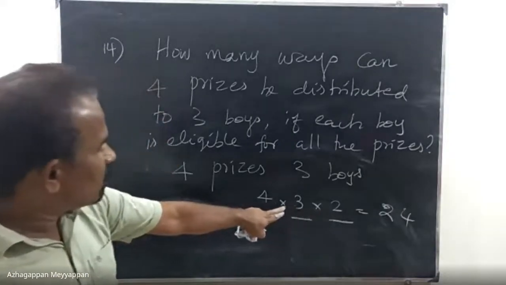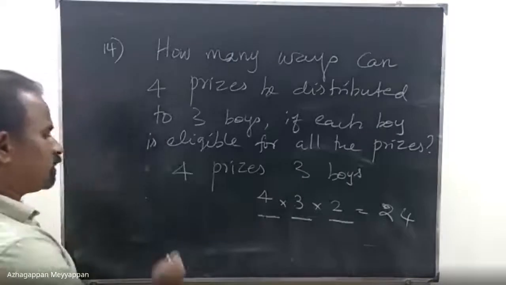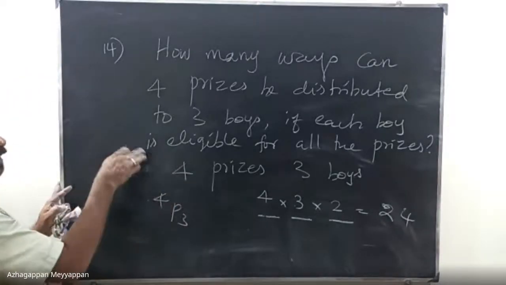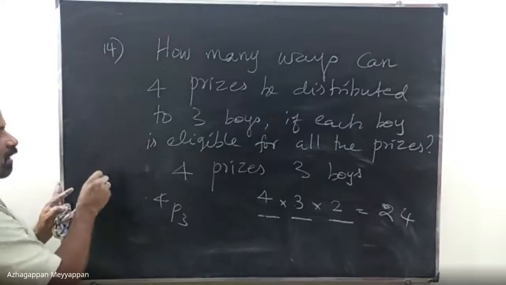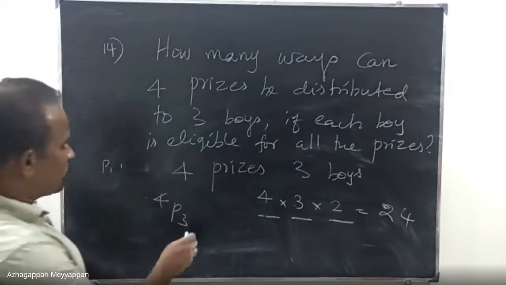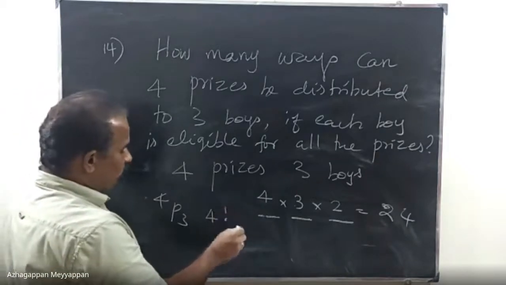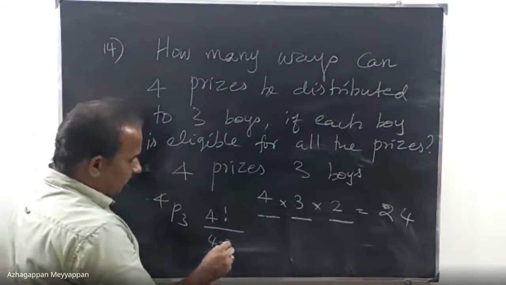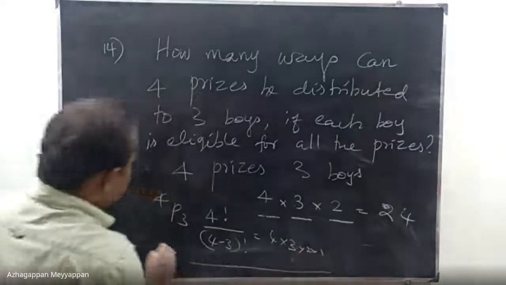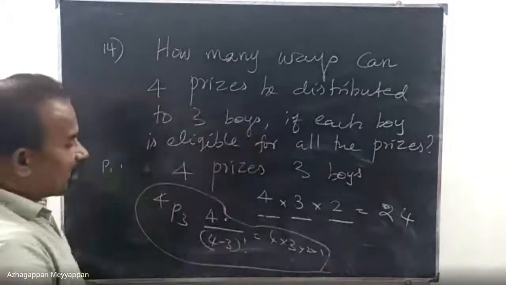Yes, 4P3, because the 3 prizes have order. Because the prizes will be P1, P2, P3, they have order. Therefore, 4P3 is nothing but 4 factorial divided by (4 minus 3) factorial. So therefore 4 into 3 into 2 into 1. Now both the things are same. But simply you can take it.